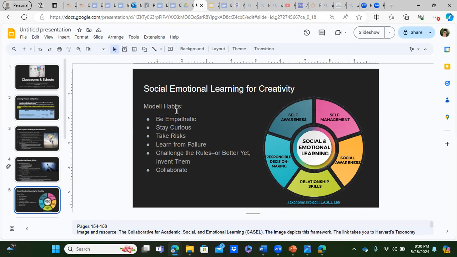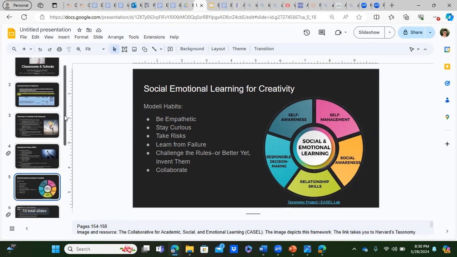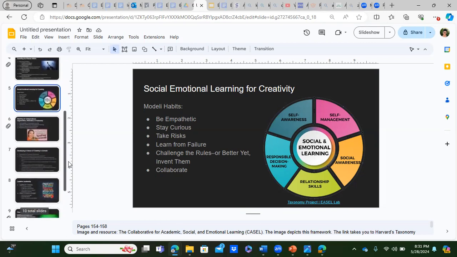And so in your textbook on pages 154 to 158, each one of these is going to be elaborated on with more depth and examples. So please make sure you check that out. And also, I definitely recommend that you check out this link to the taxonomy project. Really great ideas there for promoting social emotional learning for creativity.